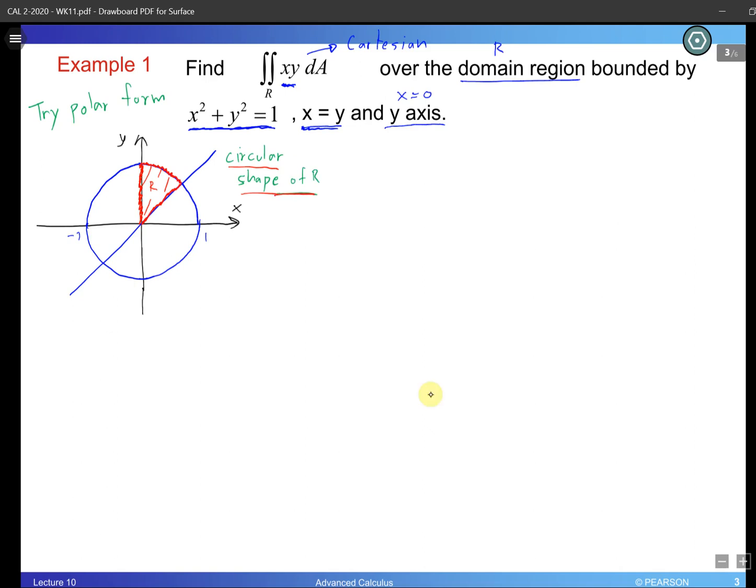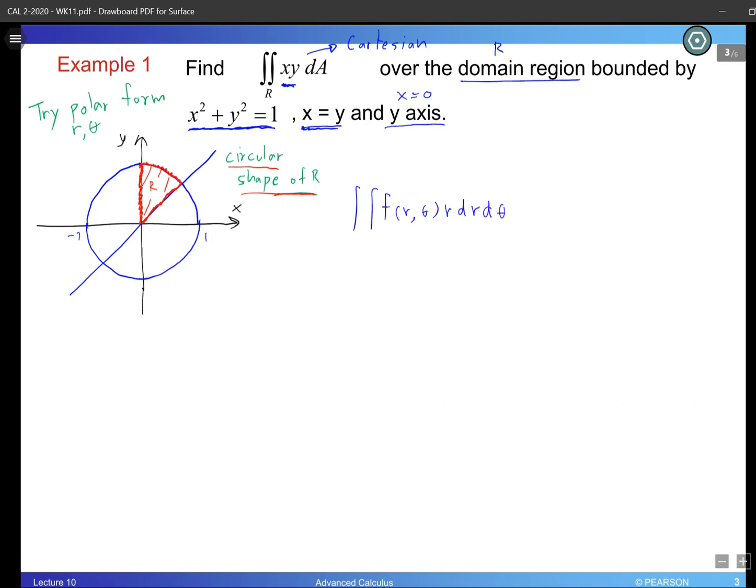Okay, so the polar form of the double integral should look something like this. It's going to be this double integral of a function, and the function has to be in terms of r and theta, because in polar form, it has to be in terms of radius and angle. So this function right here is supposed to be in r and theta, and by now we know that dA is supposed to be r dr d theta.